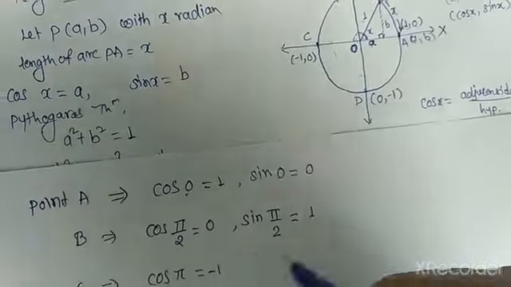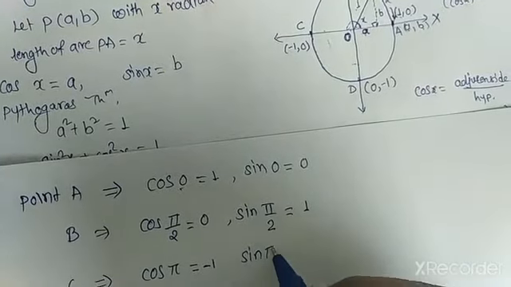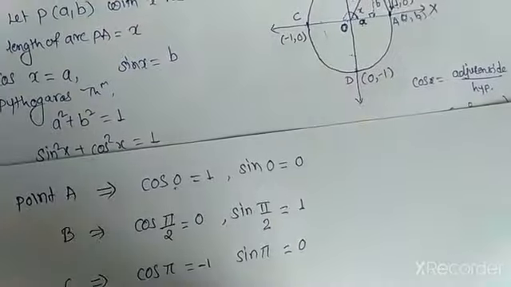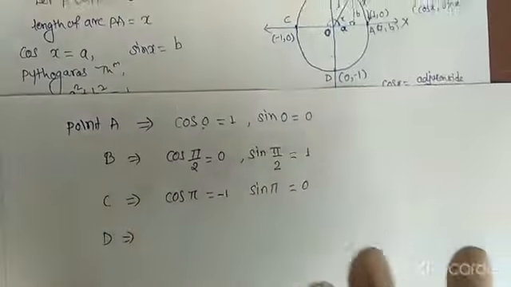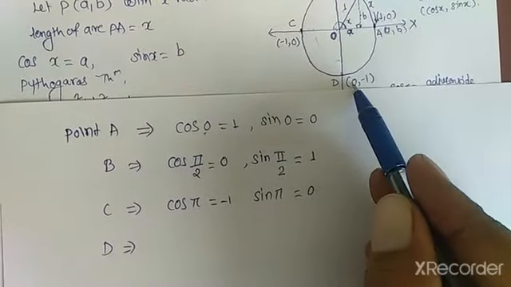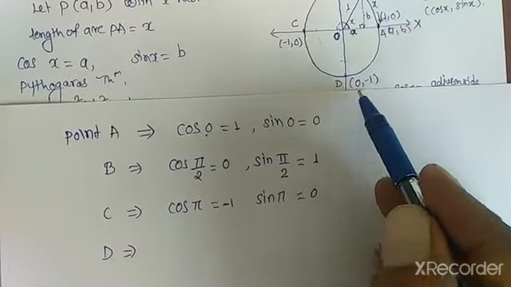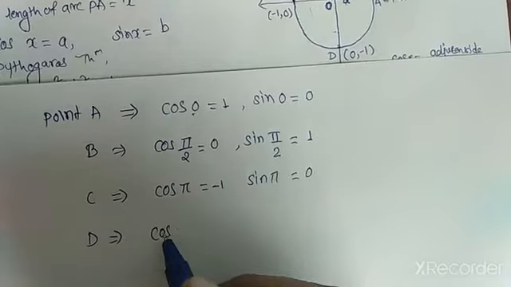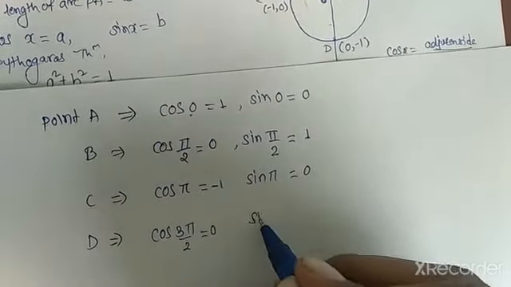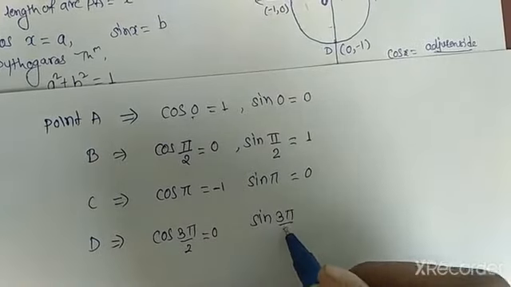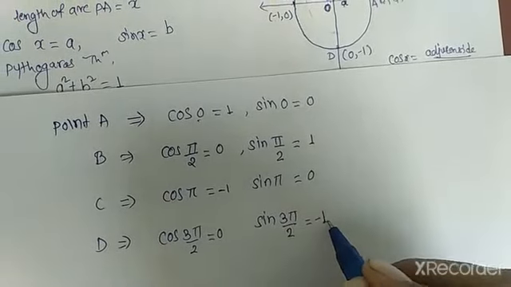Cos pi is minus 1 and sin pi is 0. Next at D, cos 3 pi by 2 is 0 and sin 3 pi by 2 is equal to minus 1.